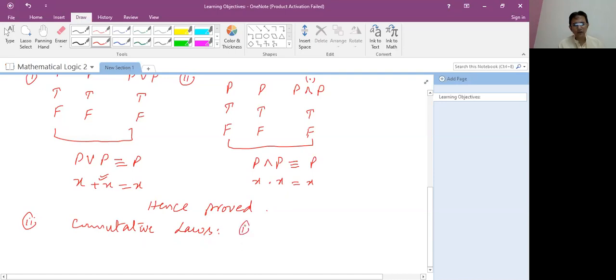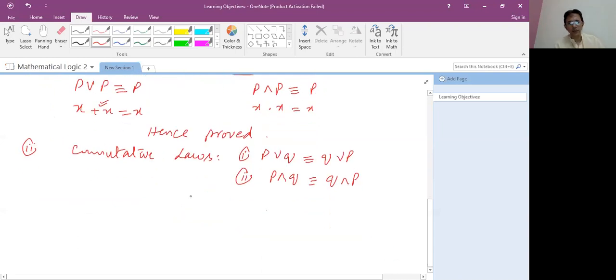So the first one is P or Q logically equivalent to Q or P. Now the second law is P and Q, which is logically equivalent to Q and P. So student, or represents the addition operation and and represents the multiplication operation.